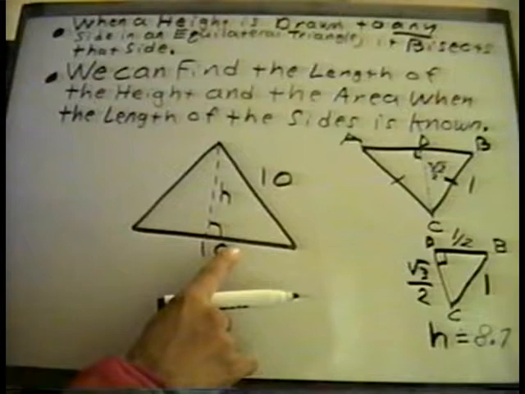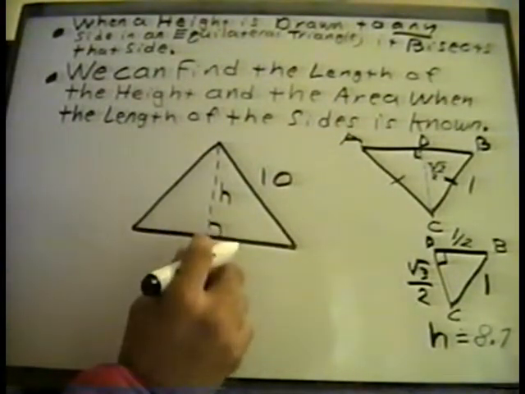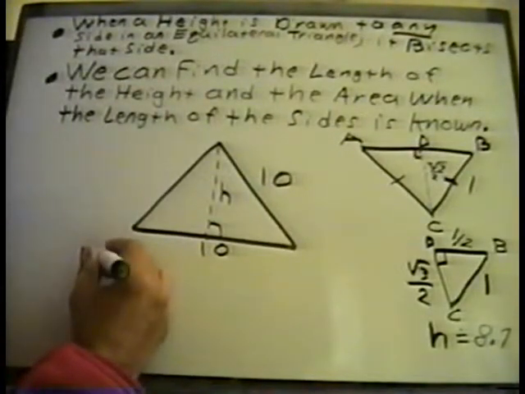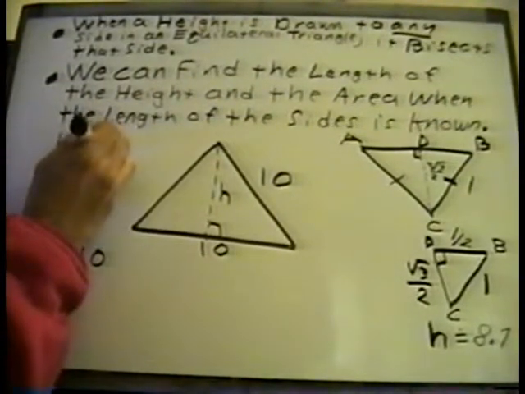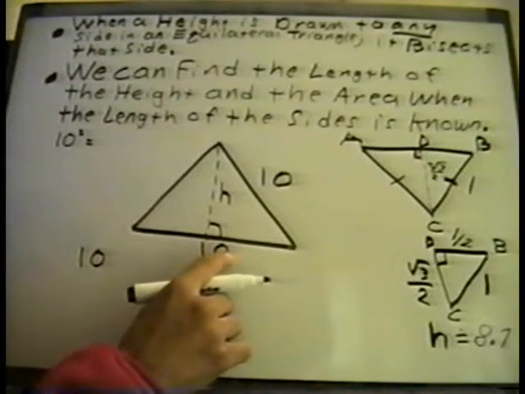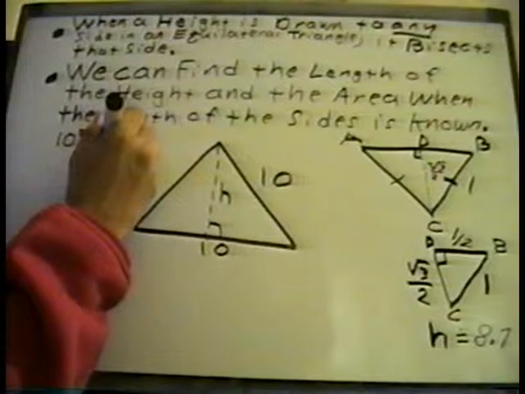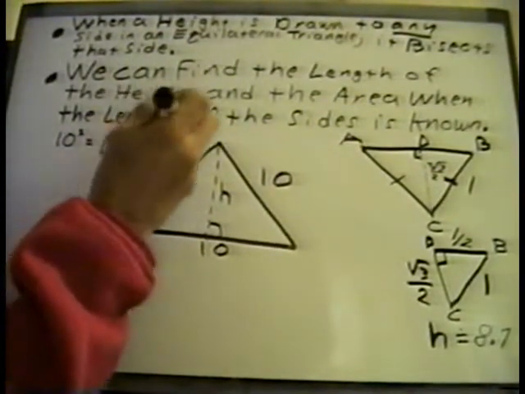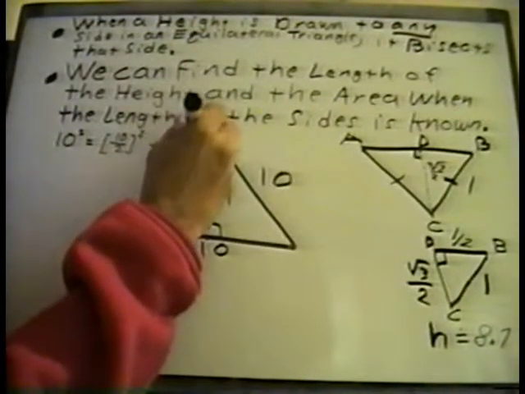Now here we're going to use the triangle theorem attributed to Pythagoras, in which you would get 10 squared is equal to 10/2 squared, plus the square of the height.